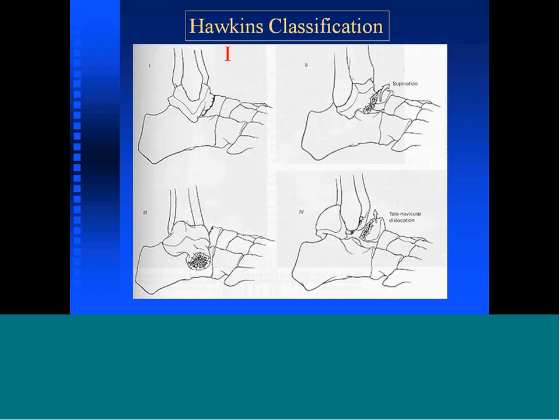So this is the classification scheme by Hawkins. There's type 1 in the upper left that's completely non-displaced. The type 2 is one where you have displacement of the talar neck with subluxation of some degree of the subtalar joint.